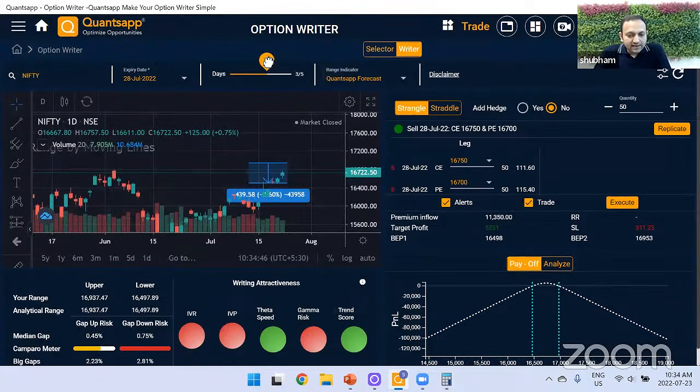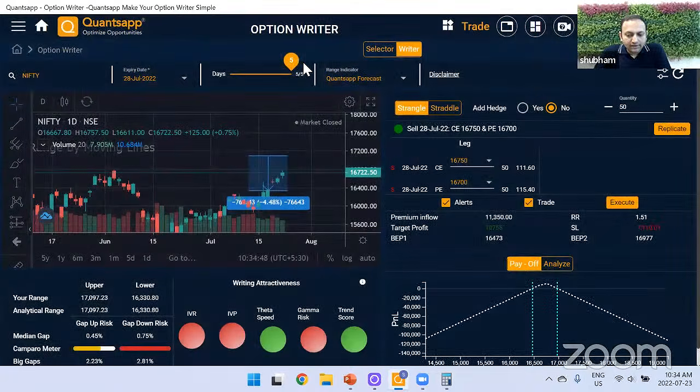And if I have to sell it for expiry, I can just drag it all the way to 5, which basically means that I'm selling it till expiry, and I want to sell the options till expiry. Now comes the next thing, that if I have to sell it for expiry, then what should be the strategy? Or the next important thing is that I forecasted the range correctly.